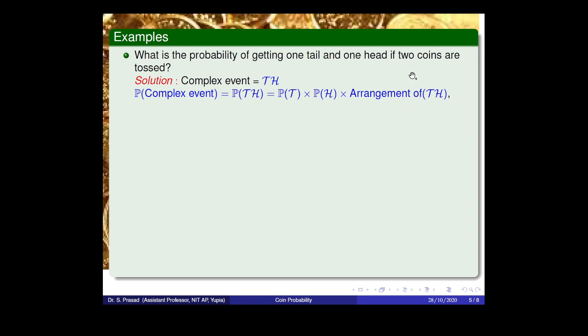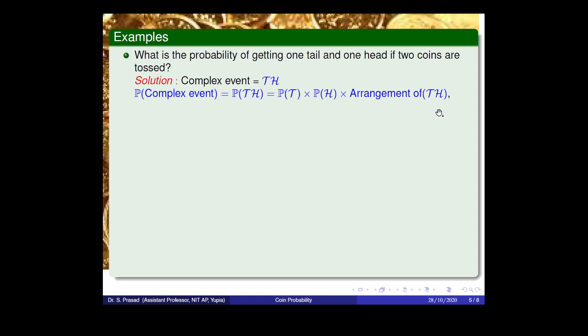This arrangement part is coming from permutations. Now we know how to write the arrangement of T and H. Suppose how many ways we can arrange the word TH in the permutations part? Then we write directly 2 factorial. Here repetition is not there.